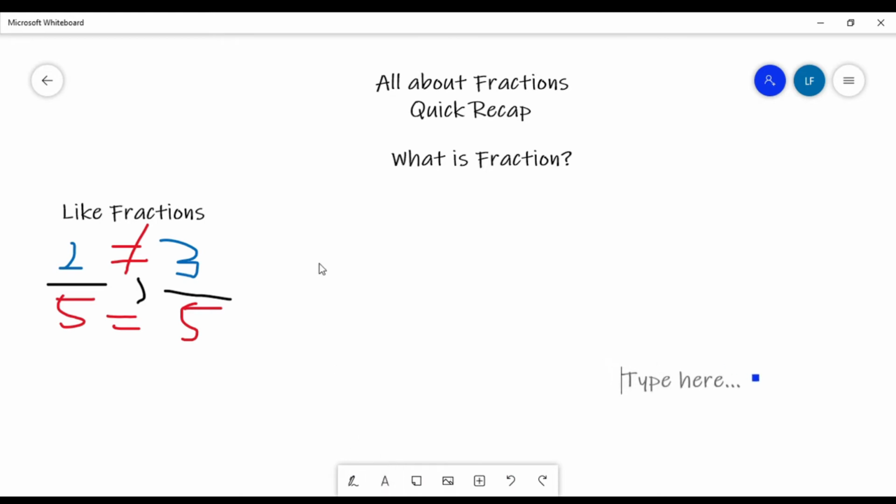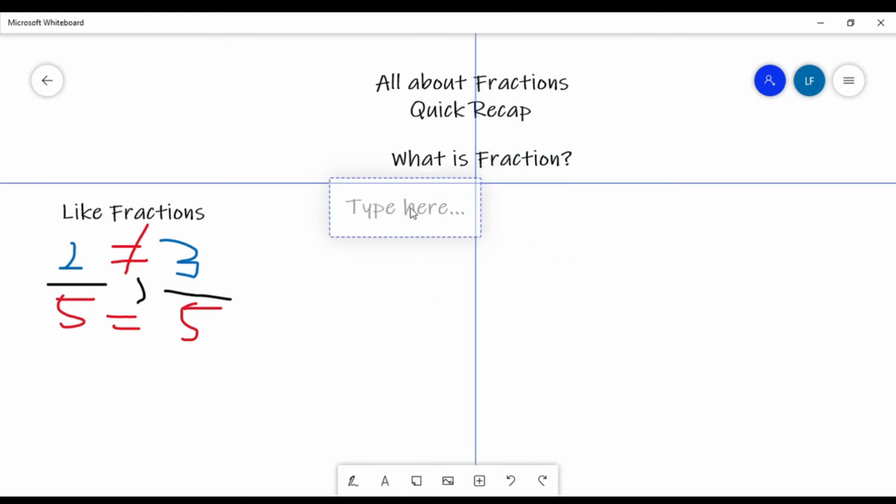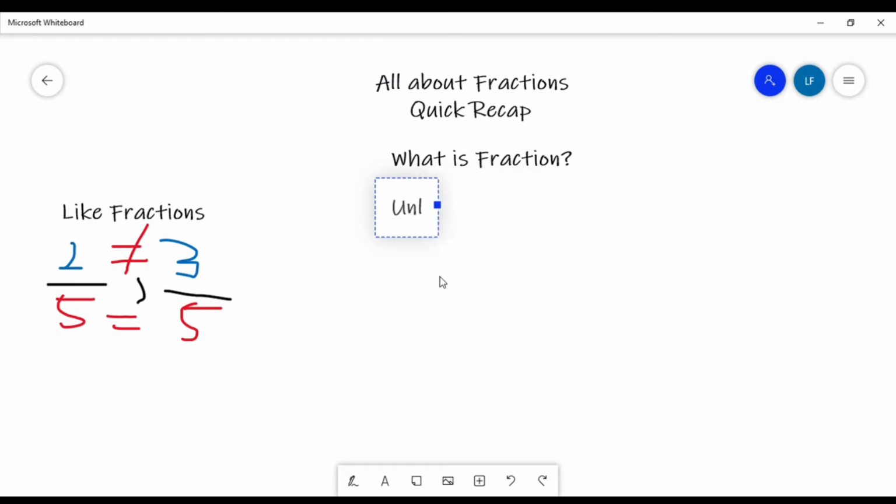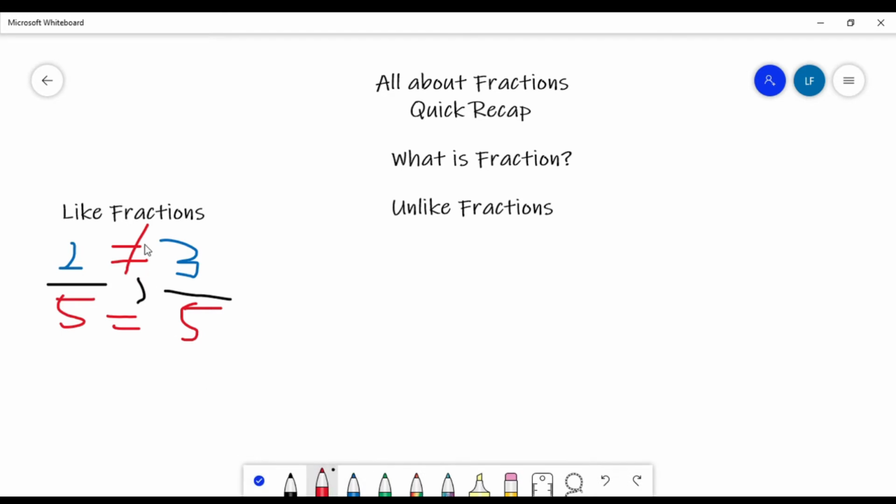Okay, now next let's see what an unlike fraction is. It's the same as with like fractions: unlike fractions are fractions which you cannot identify if there is only a singular one. If there is a pair of fractions, we can identify it, so there need to be two or more fractions.